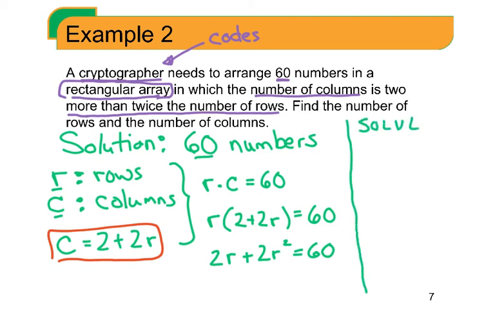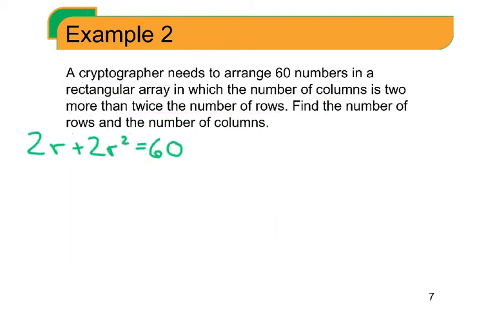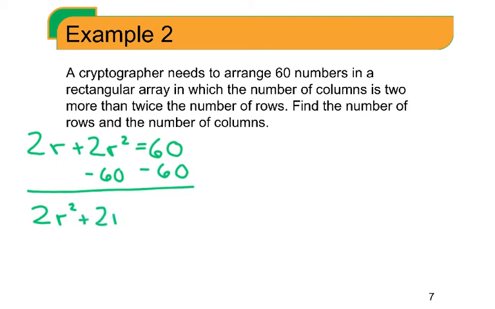2R plus 2R squared equals 60. Okay, back to just solving an equation. We're going to get it in standard form, so subtract 60, and we will rearrange this: 2R squared plus 2R minus 60 equals 0.